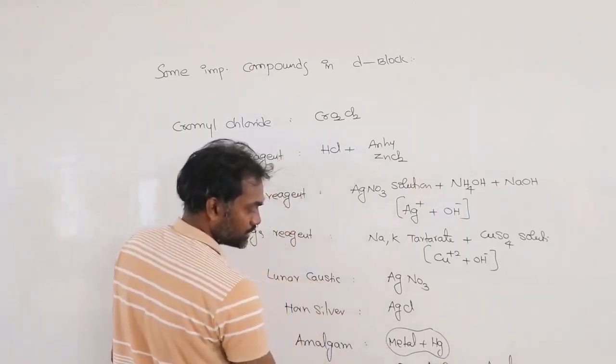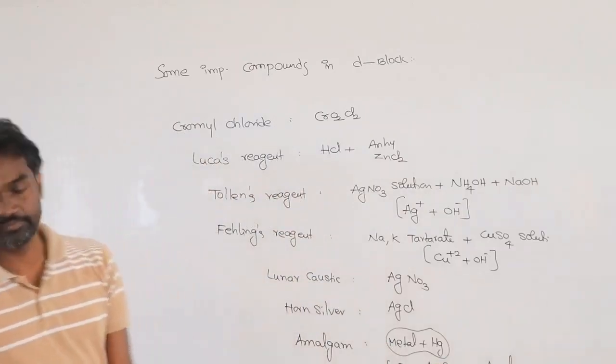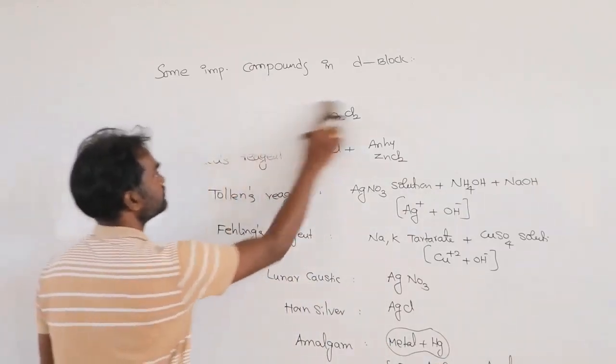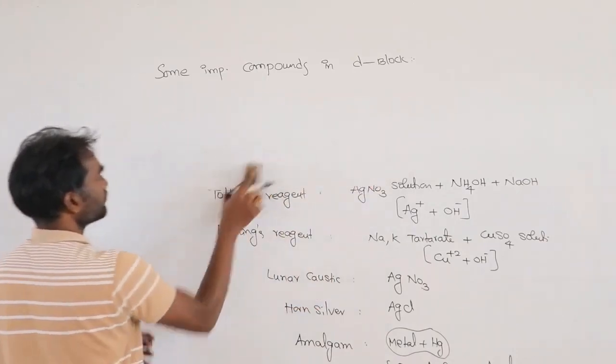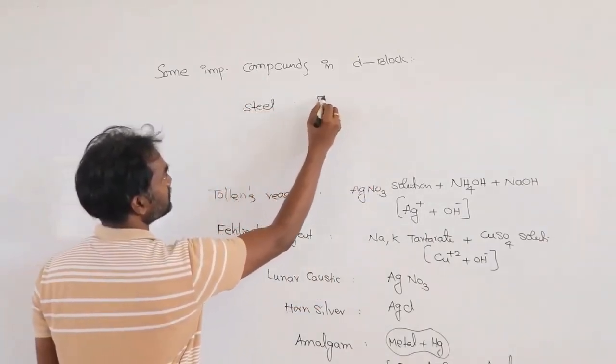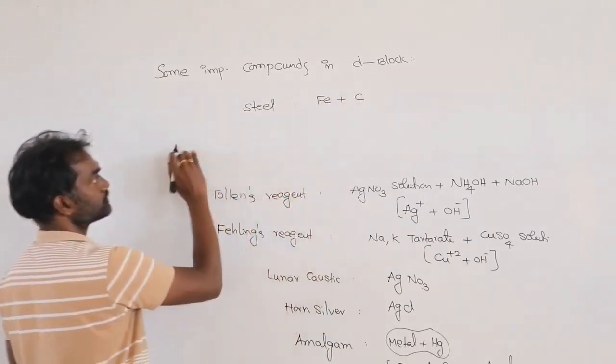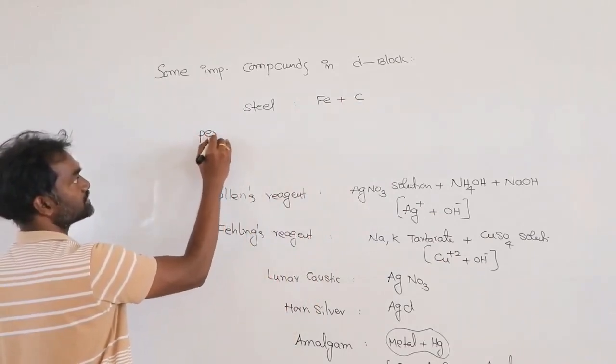So one important. Next, suppose you take steel. So steel is a combination of iron plus carbon. Next, permanent magnets.